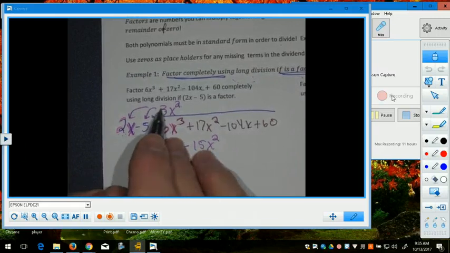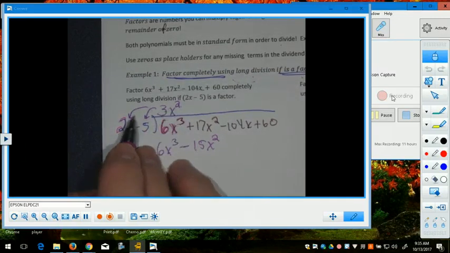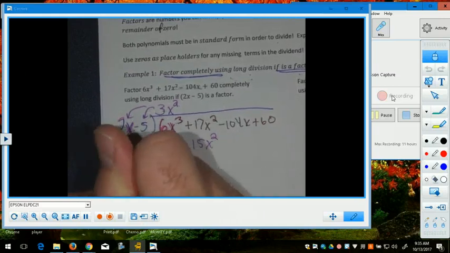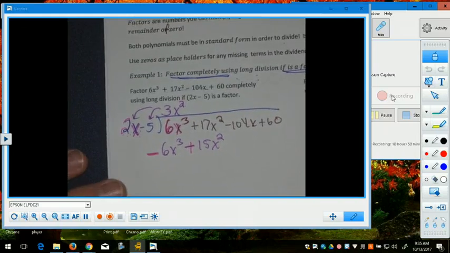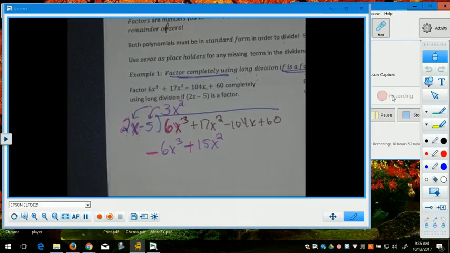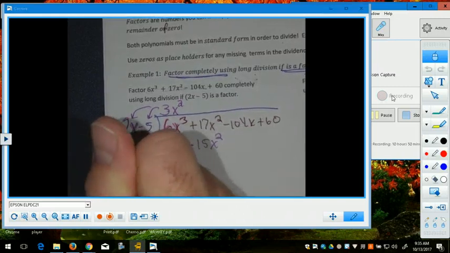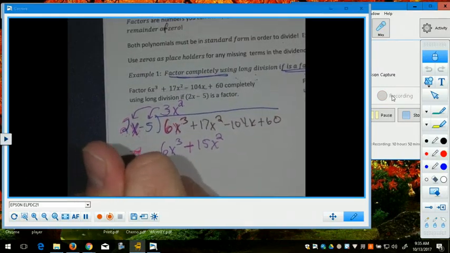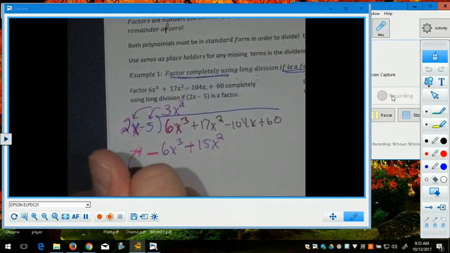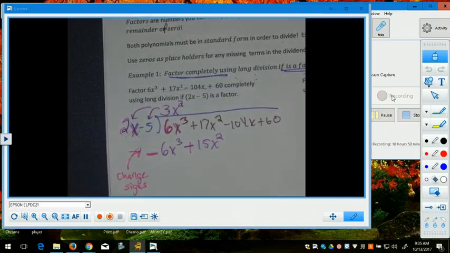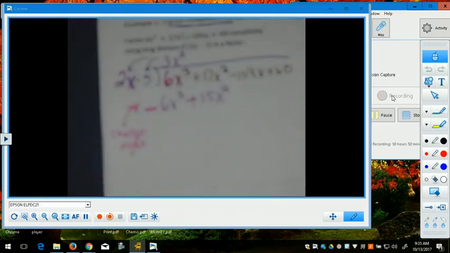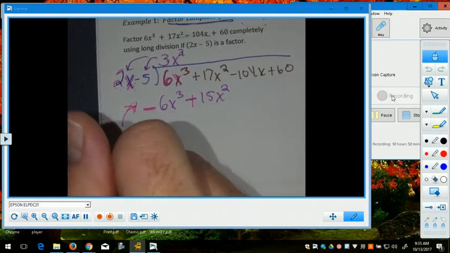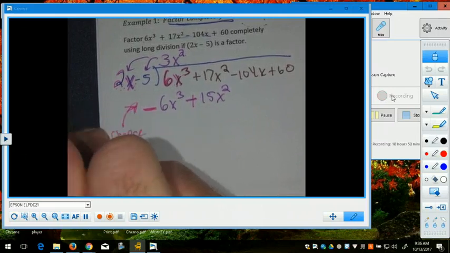So after you have figured out what the first term is and distributed, you're going to change the signs. Because then we can just add vertically. So I am changing the signs and adding vertically. That is how we recommend that you do it so you don't make a mistake. A lot of people will really mess up when they try to subtract those. So change the signs and combine like terms vertically.